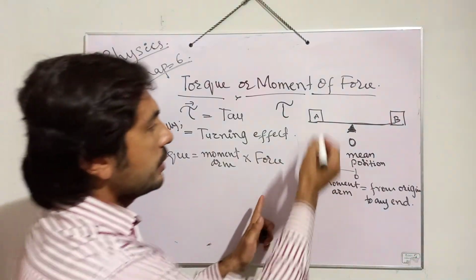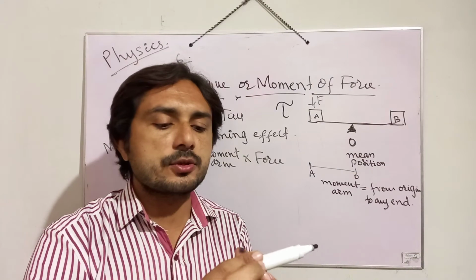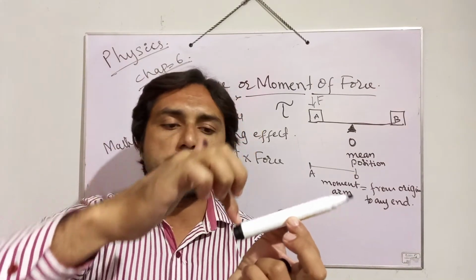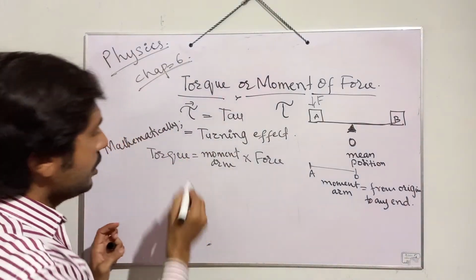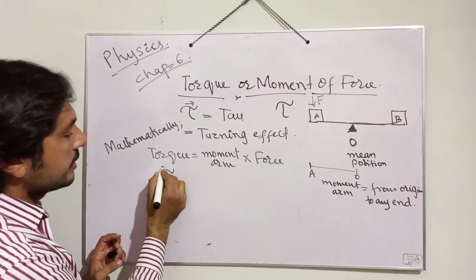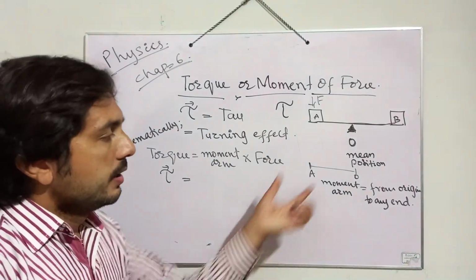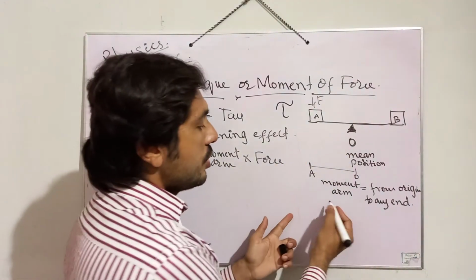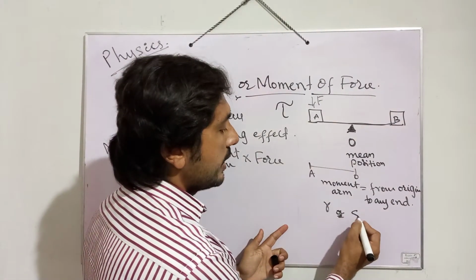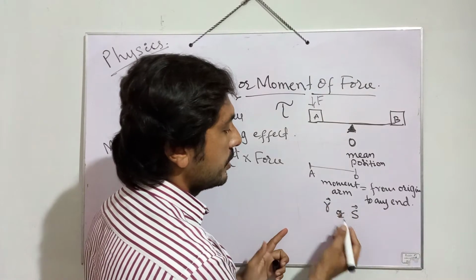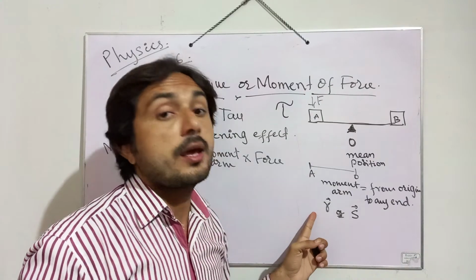The force that we apply here, for example, this is fixed and I'm applying the force there to move this marker up and down. So we can write the symbol for torque, and the moment arm, this distance, is denoted by r. Or you can even mention s, but particularly for the torque, we denote this moment arm by the small r.